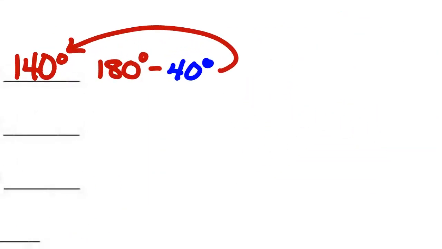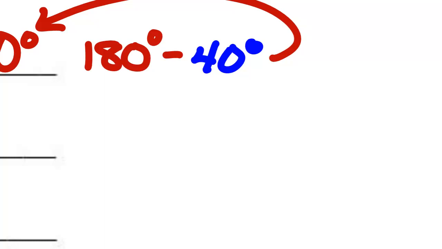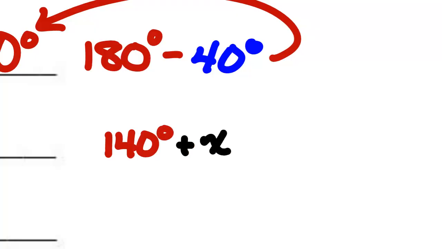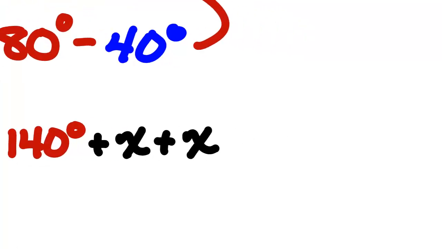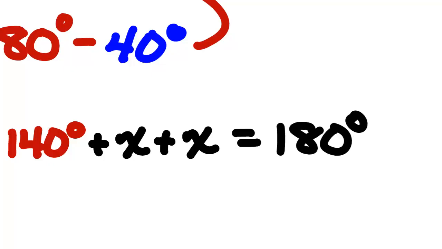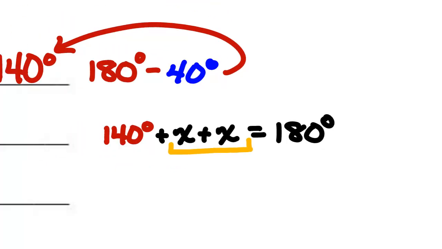All right, so to figure this out, we're going to take the 140 degrees plus the two angles that I don't know, but I know they have to be the same, so plus x. And that all has to add up to how much? 180. So I'm going to combine my like terms. We're going to combine the x's together, and at the same time, I'm going to subtract 140 from both sides.